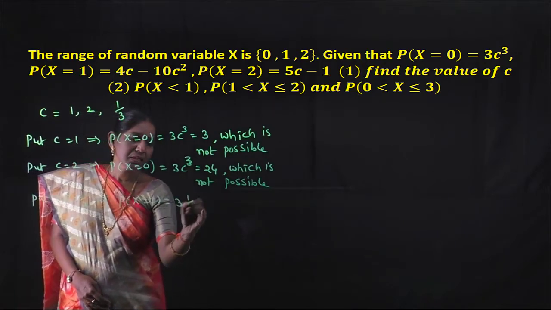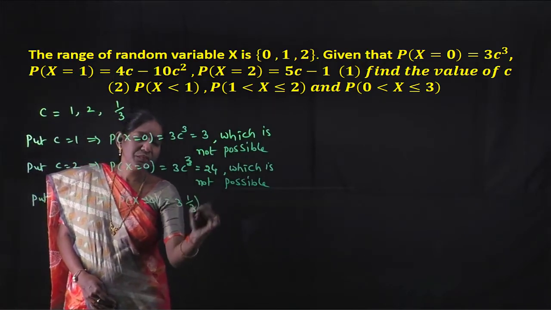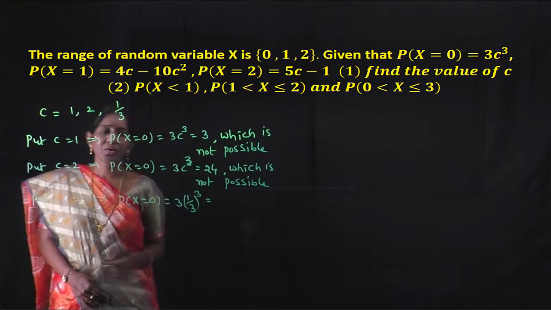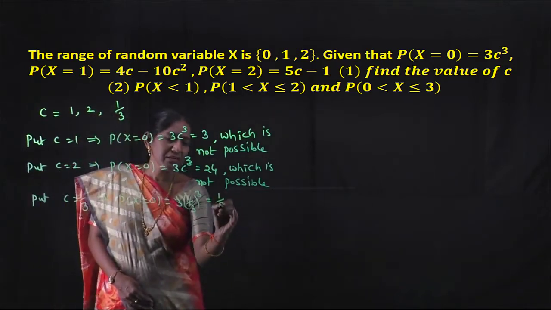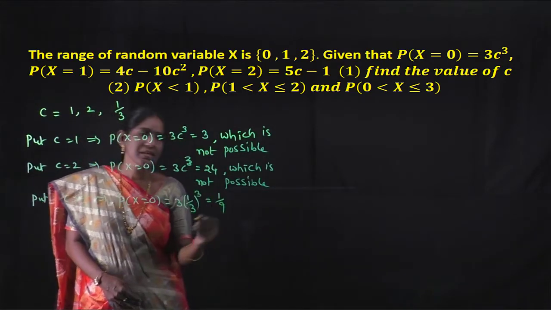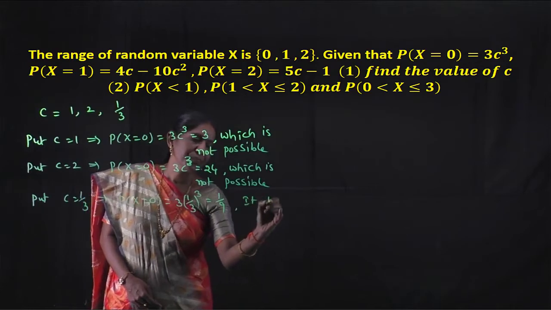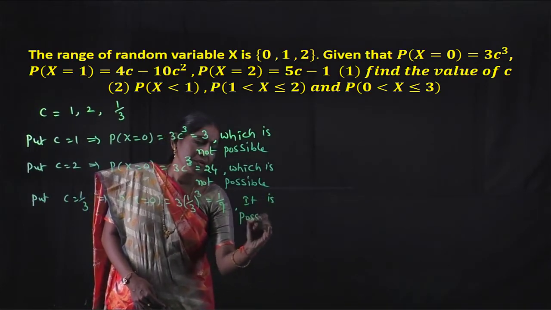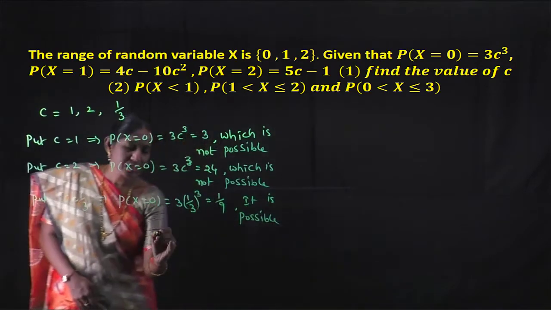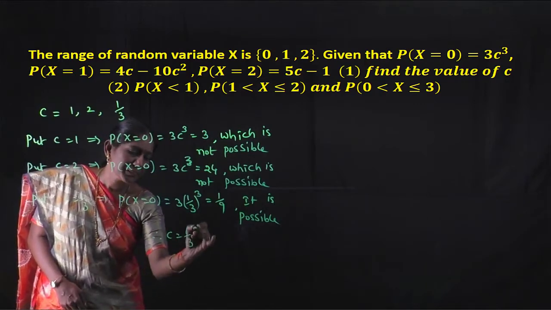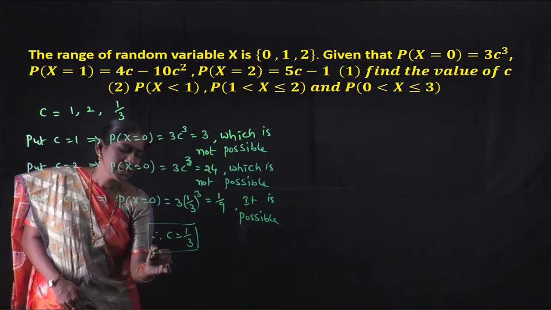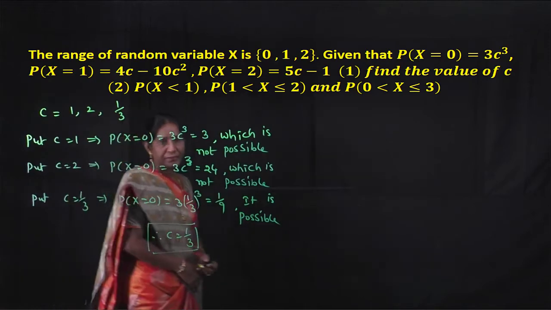That is 3 into c cube, that is 3 into 1 by 3 whole cube, 3 by 27, 1 by 9. It is less than 1. So it is possible. Therefore, the value of c satisfies 1 by 3. Therefore, c is equal to 1 by 3.